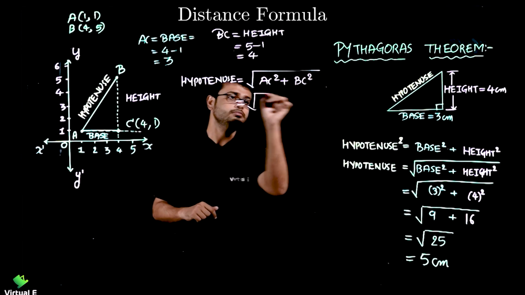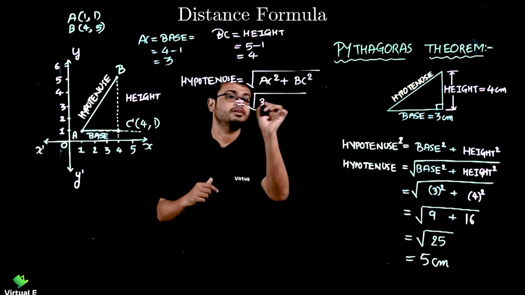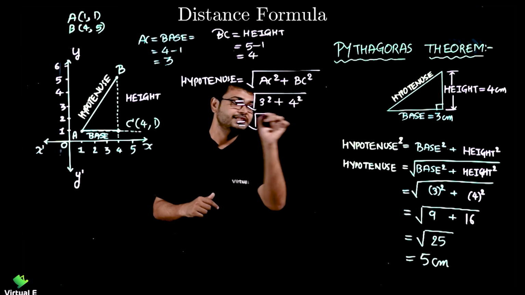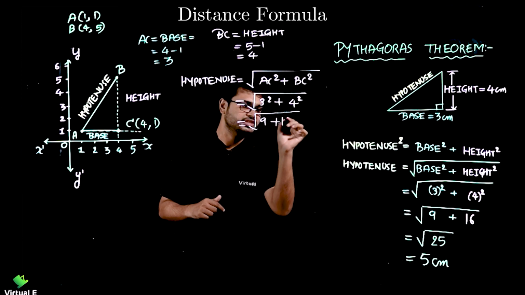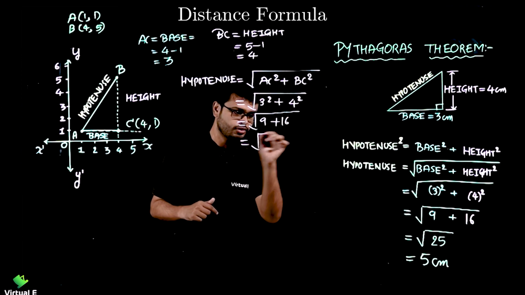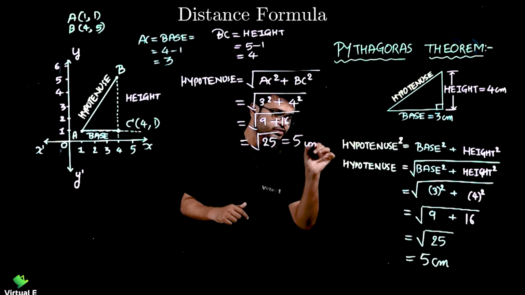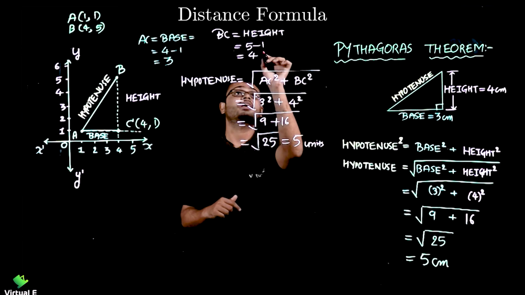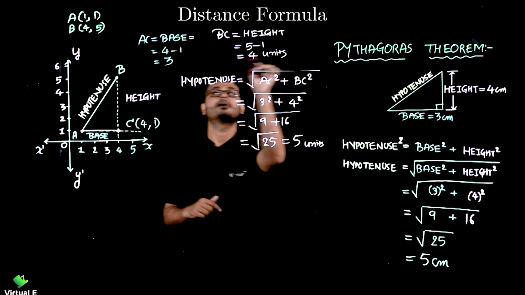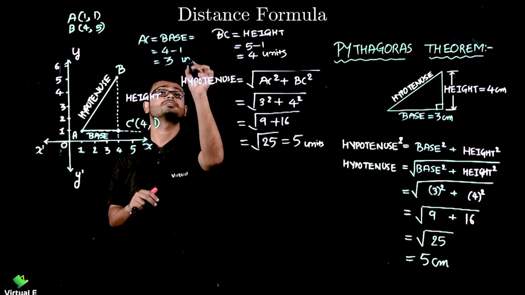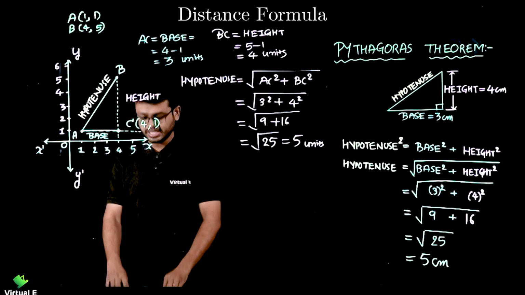So AC, which is 3, square, BC, which is 4, square. Again you get the same answer: 9 plus 16, the square root of 25, and that is 5 units. You can write units here also, 4 units, and here 3 units. Okay, we got the value.